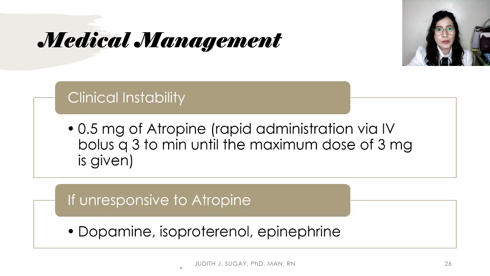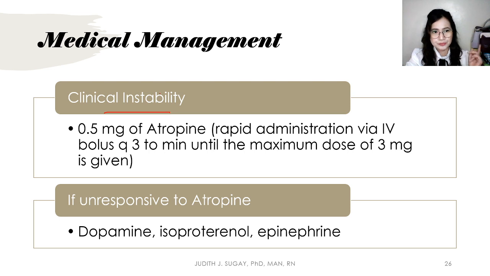Now, what do we do with this kind of condition? So, medical management includes, again, we have to determine what's causing the symptoms. For clinical instability, the client here experiences acute alteration in mental status. What else? Chest discomfort or hypotension.